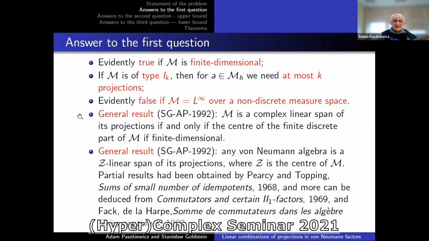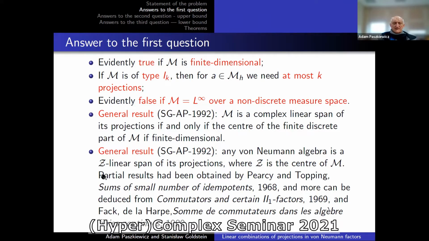The first result is a complete description of this situation, and the second result is formulated in the following way. Instead of real coefficients, we take coefficients from the center of the algebra, and then the answer is always positive.